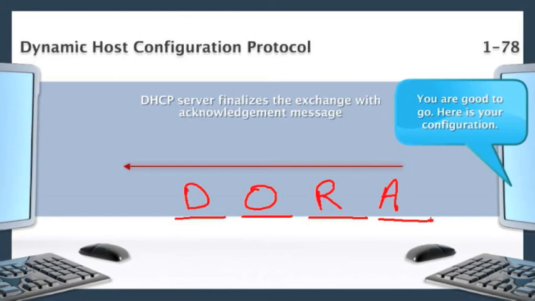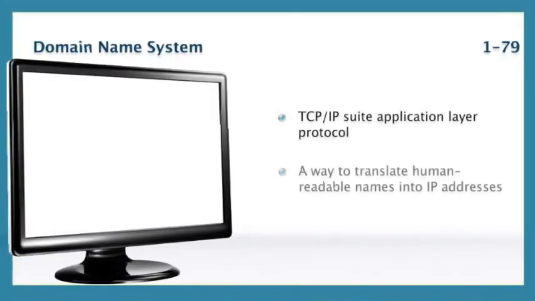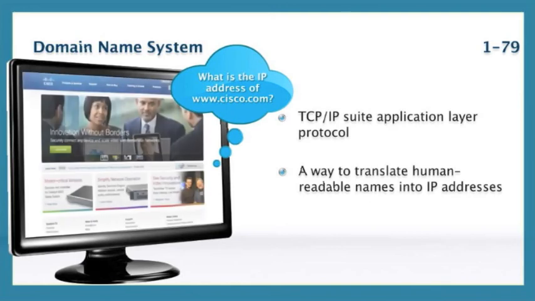Another key service that we have with the IP system is DNS, the domain name system. Think about it. When we go to our web browser, we don't type in an IP address when we want to get to cisco.com.